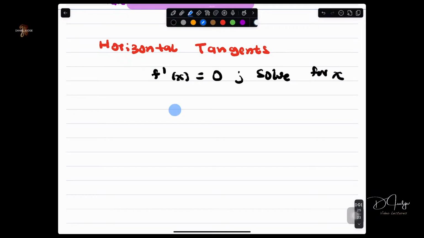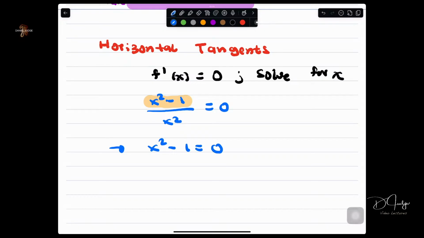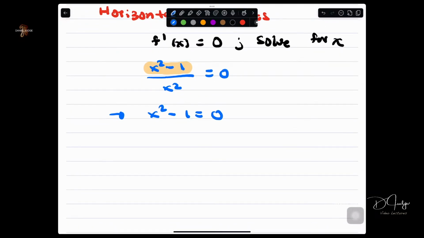So we're going to set this equal to 0. We solve for x. Remember the logic I mentioned earlier? That if you ever have a fraction equal to 0, what that means is the numerator, which is x squared minus 1, must be 0. So we have to solve this for x.